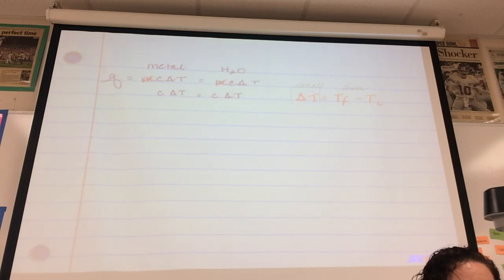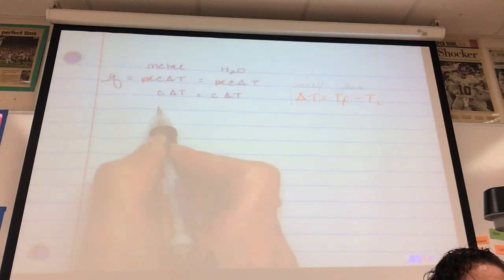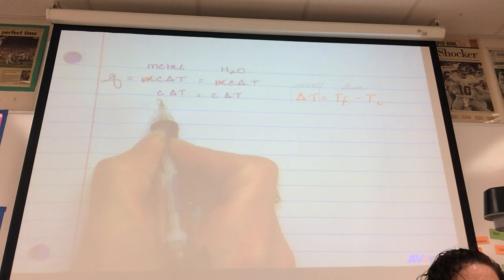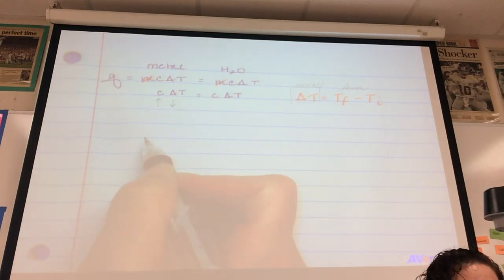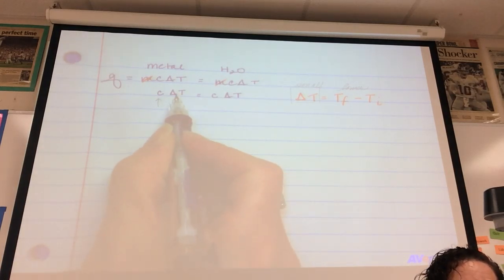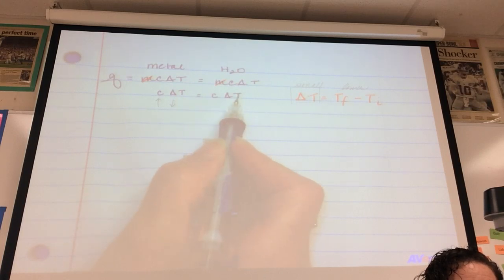So, make it really simple. You want to go with something big here, which means something little here. Correct? And if it's something little here, then the final temperature of the metal would be low, giving rise to large delta T for the water.